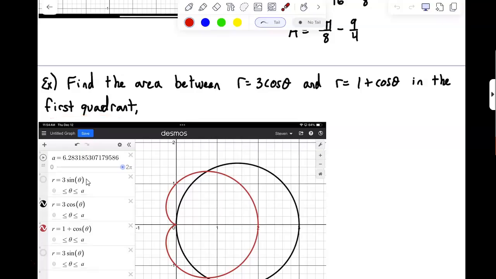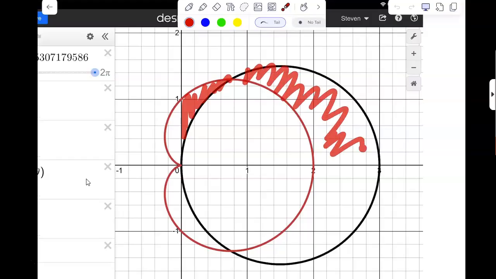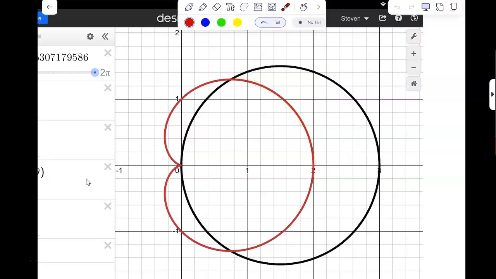If you notice between those two graphs, in the first quadrant we have this kind of half moon shape piece, and then there's actually a little bit more area right here. But it's really important when we set up our integrals that these graphs are actually being graphed for those values.